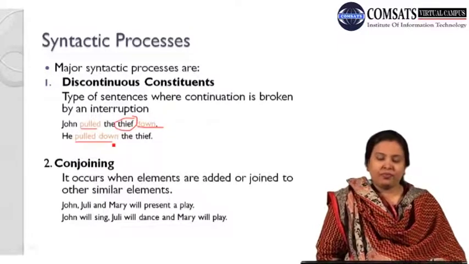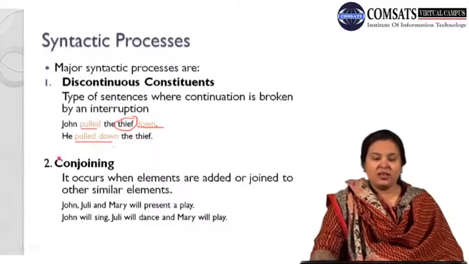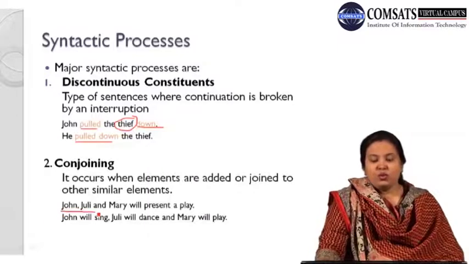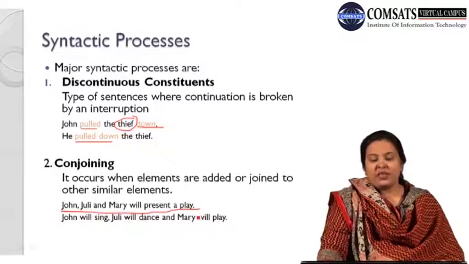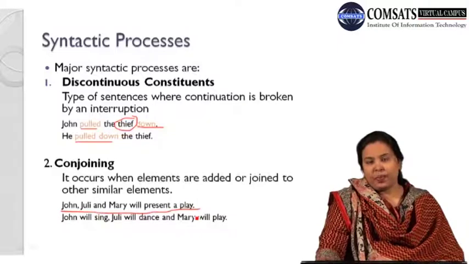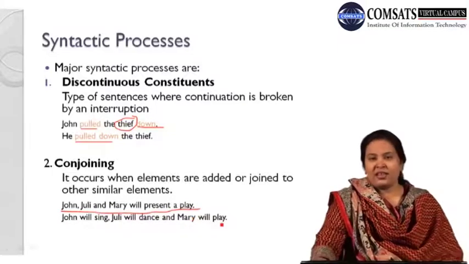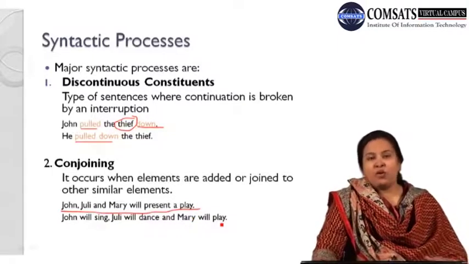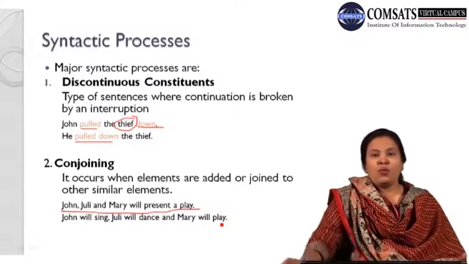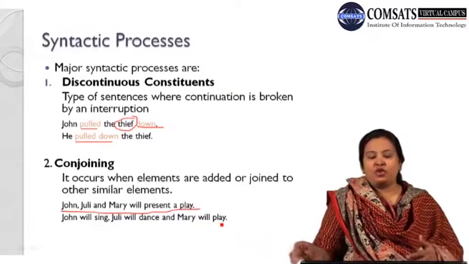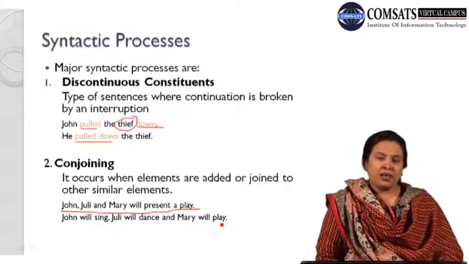For example, look at the first sentence. John, Julie and Mary will present a play. It is a perfectly correct sentence, but maybe I want to add some more information.